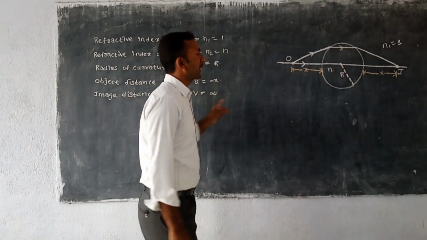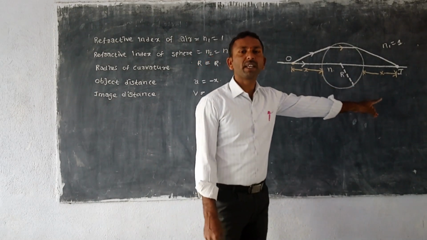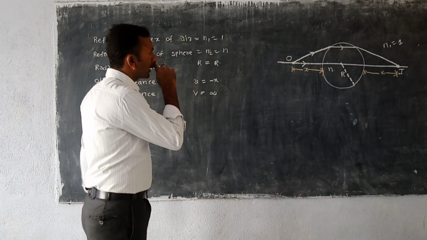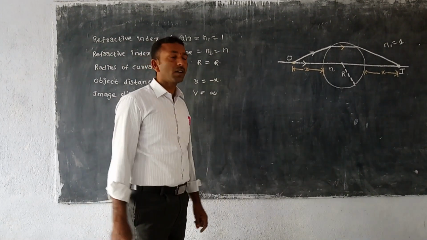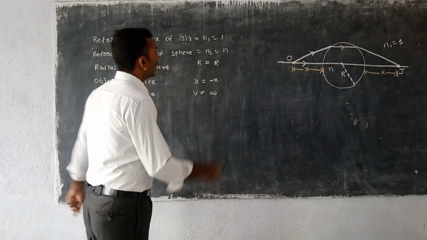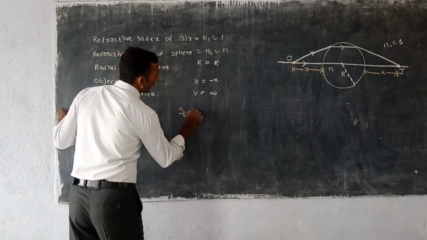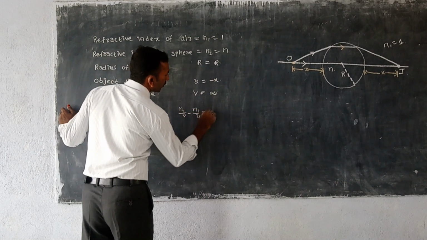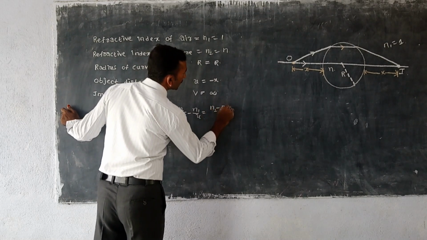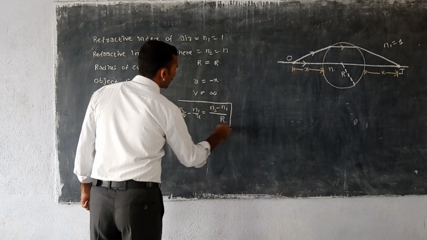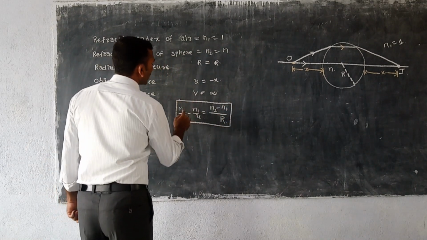Why are we writing this? It means we don't know where the image will be formed. Now substitute the values. What is the formula we have for curved surfaces? n2 by v minus n1 by u equals n2 minus n1 by R. This is the equation we are using here.